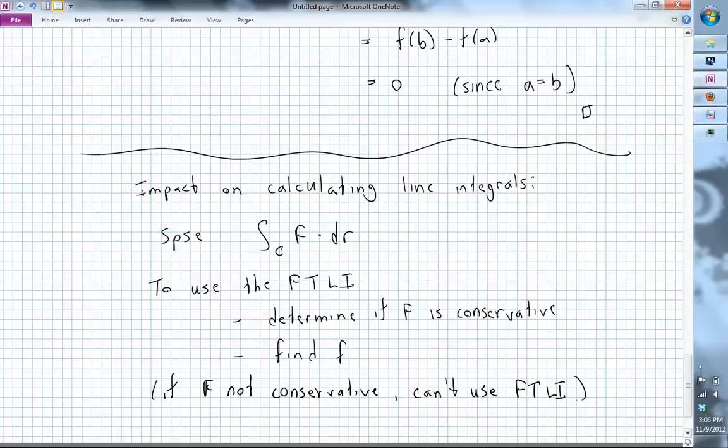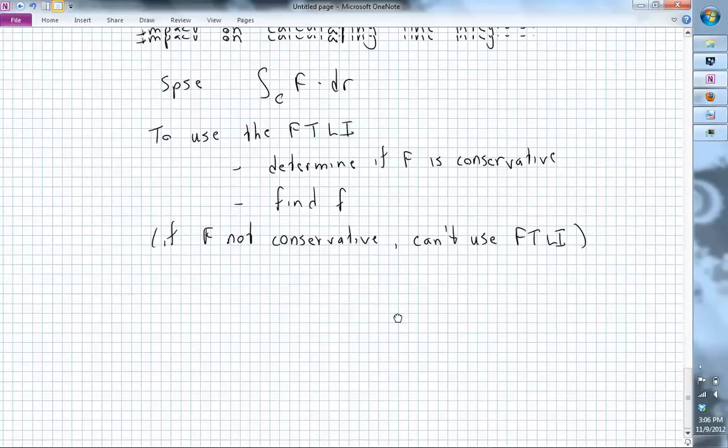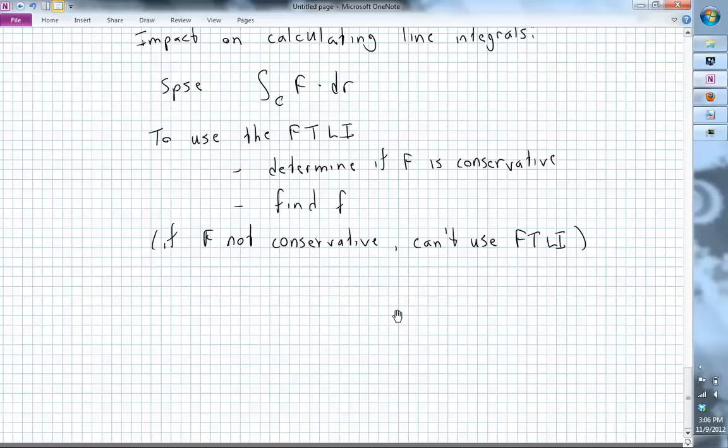All right. So the first thing I'm going to do is talk about a test for conservativeness. And no, this is not a political election or anything like that, but there is an actual test. If you're handed a vector field, you can test this thing and figure out whether a little f actually exists, whether big F is conservative.